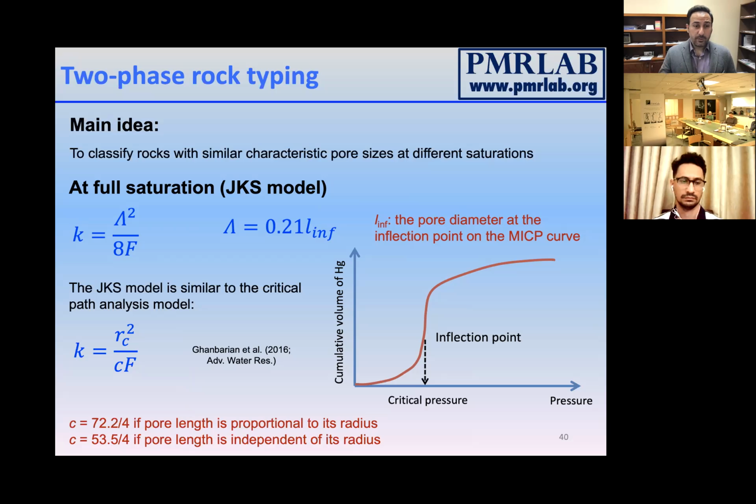If they are independent, that constant coefficient would be 53.5 divided by 4. That characteristic or critical pore radius in the critical path analysis model, that RC, can be estimated from the inflection point based on Katz and Thompson's article published back in 1986.